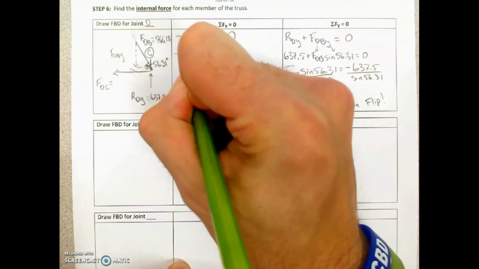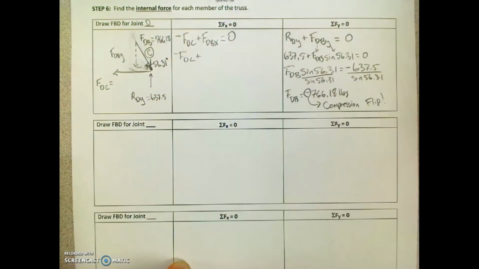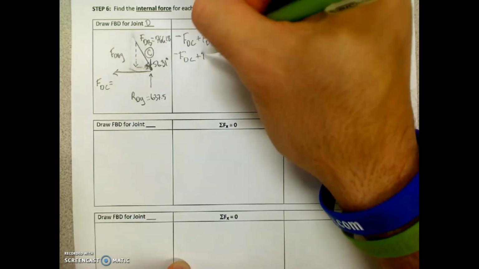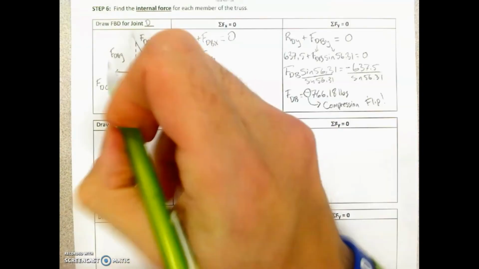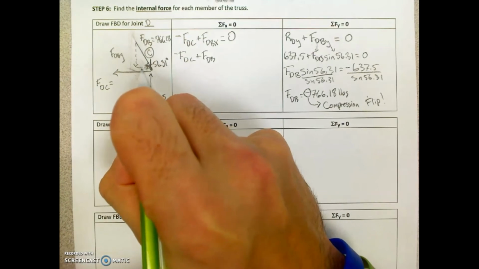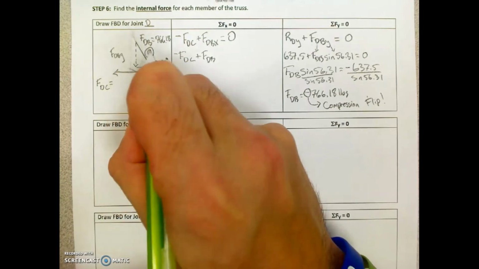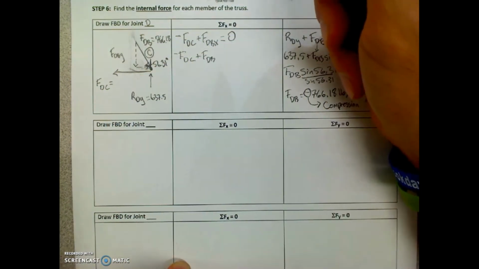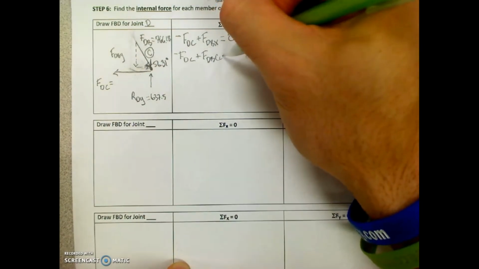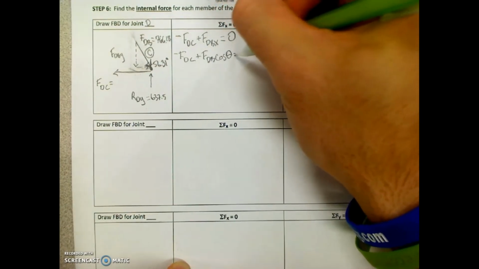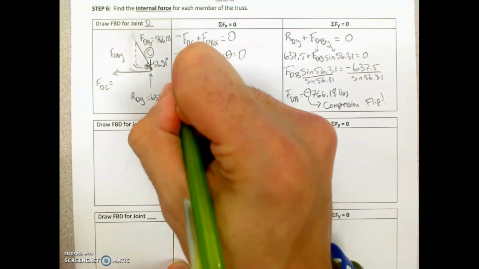I don't know what FDC is quite yet, but I can break down FDBX into FDB. This time I'm using the adjacent side and my hypotenuse, so that would be cosine of my angle. So let's plug in our numbers.